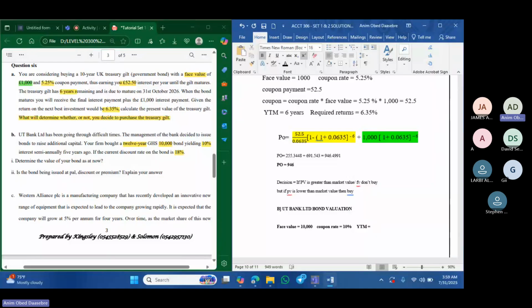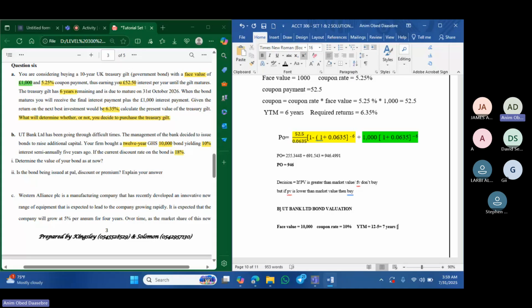Let me do it. 12 minus 5 gives us what? 7 years. Right. And this one is in what? Annual terms.